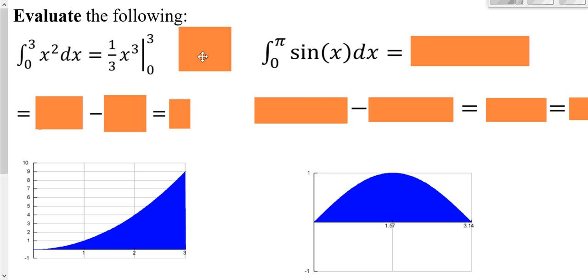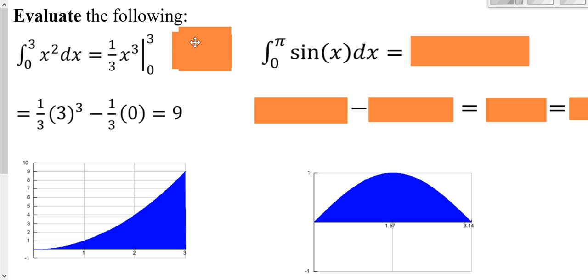Then evaluate it from 0 to 3. So take 3, plug it in here, minus what you get when you plug in 0. In this case, we end up getting 9, and that's what we got before. However, most people find what we just did a lot easier than doing that whole limit process with the summation notation and all that.